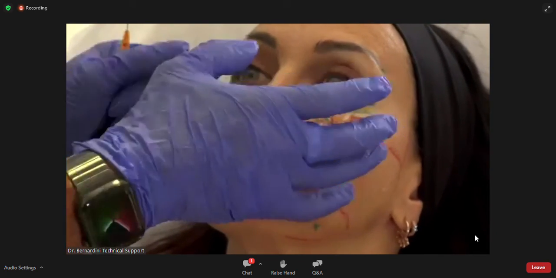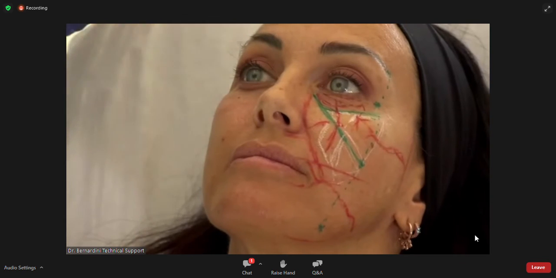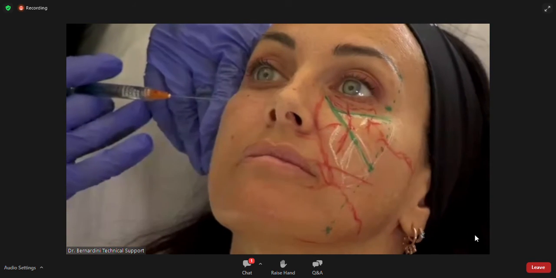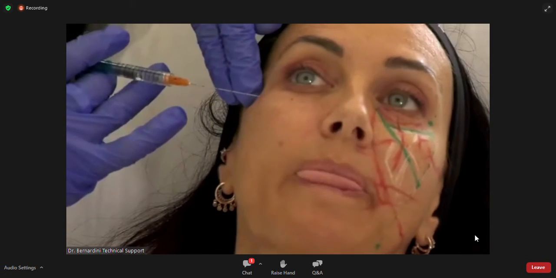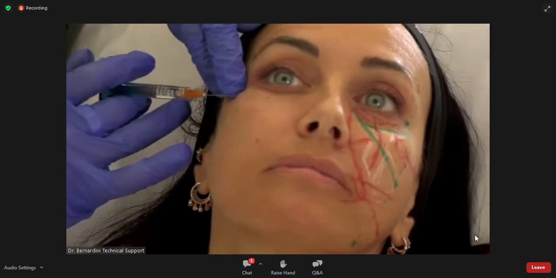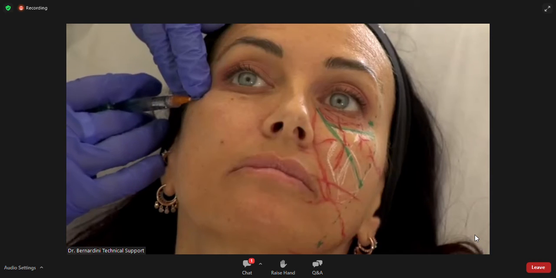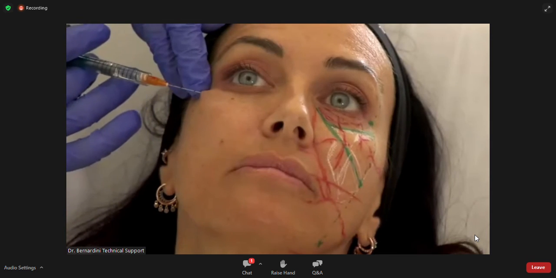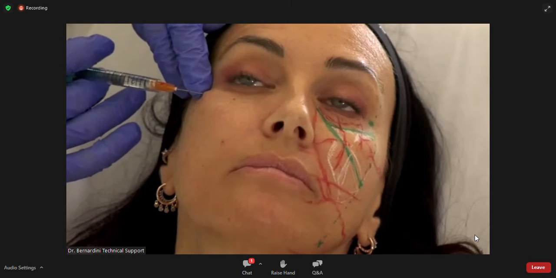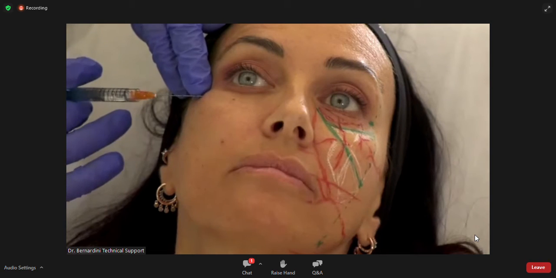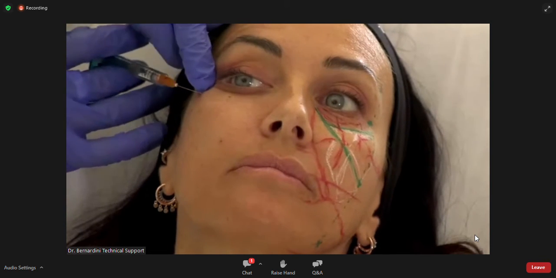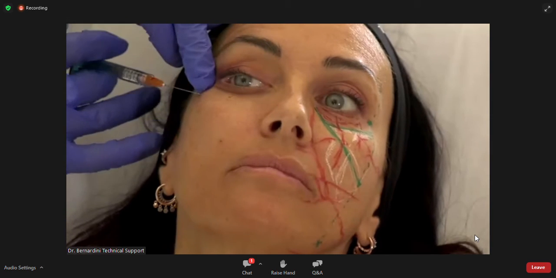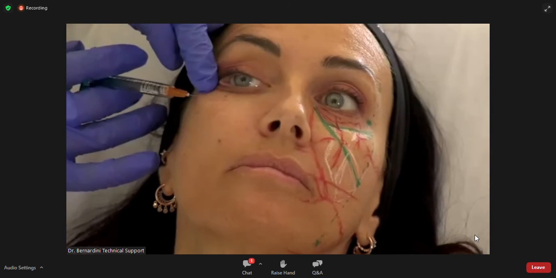I usually use the full syringe, so I'll be doing that, looking at every single detail. Remember, even though it might seem that I'm superficial, I'm actually keeping the injection deep, always under the orbicularis muscle. There's no way that I'm ever above the orbicularis muscle.